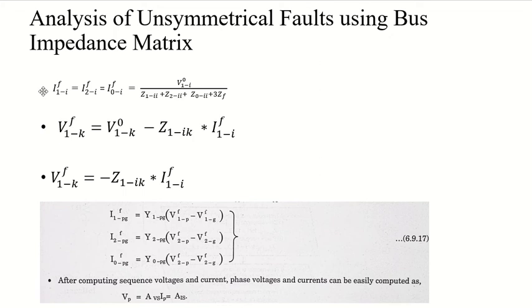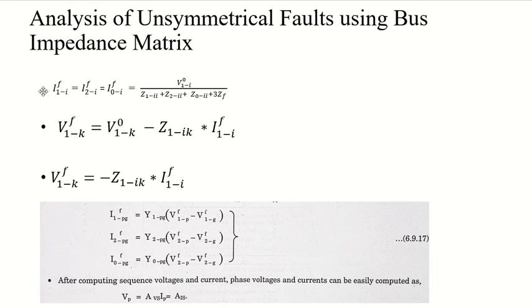So here you can see the fault current for I1 minus I, I2 minus I, and I0 minus I are equal. And what will be the value? That we have derived in an earlier class. So the value will be V1 minus 1 minus I raised to 0 divided by the sum of all three impedances, positive, negative, and zero sequence impedances, plus 3 times the fault impedance.